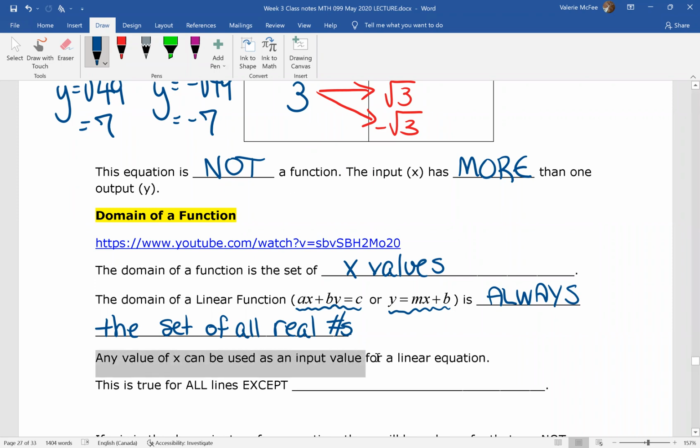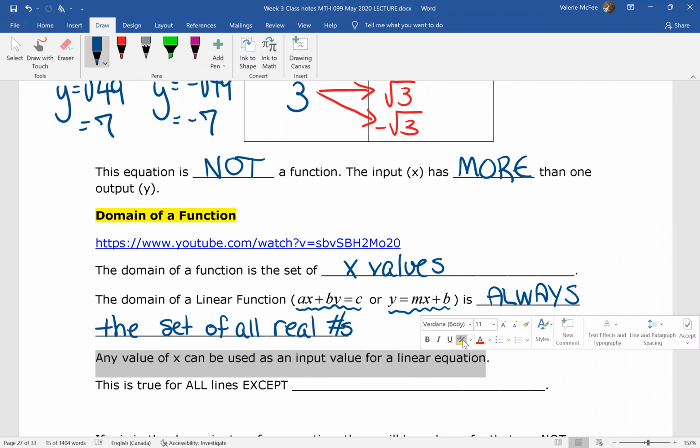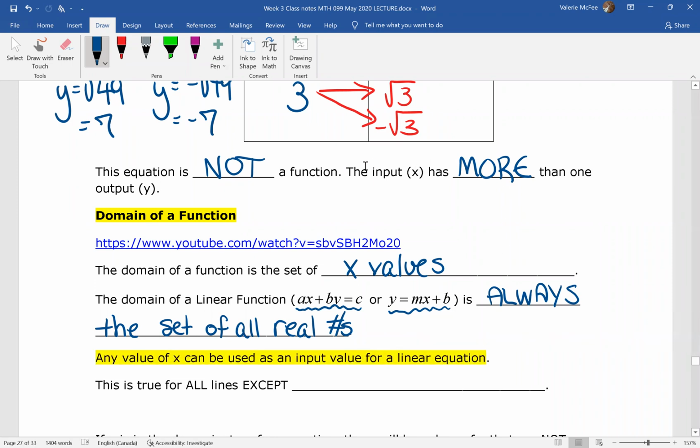What does that mean? It means exactly that any value of x can be used as an input value for a linear equation. Now, this is true for all lines except vertical lines. So that's a pretty big except.